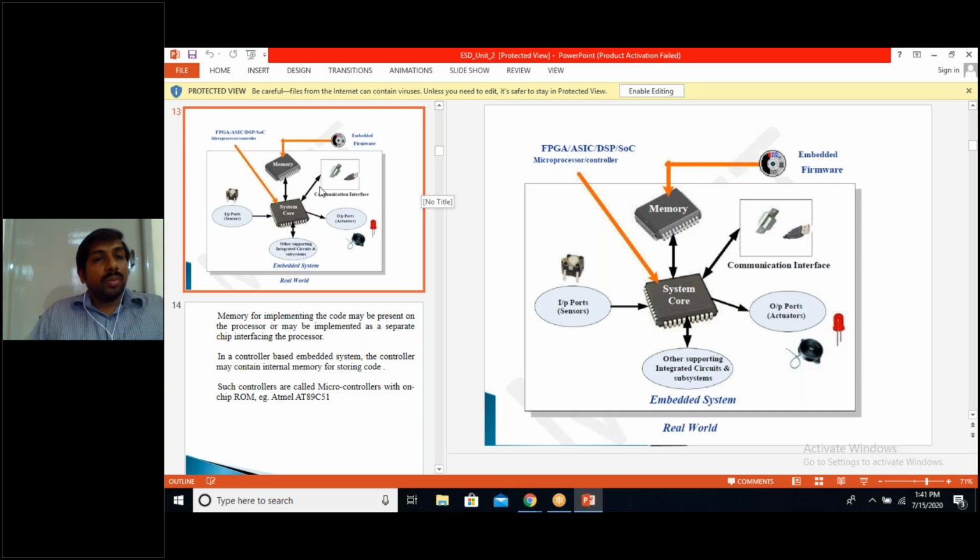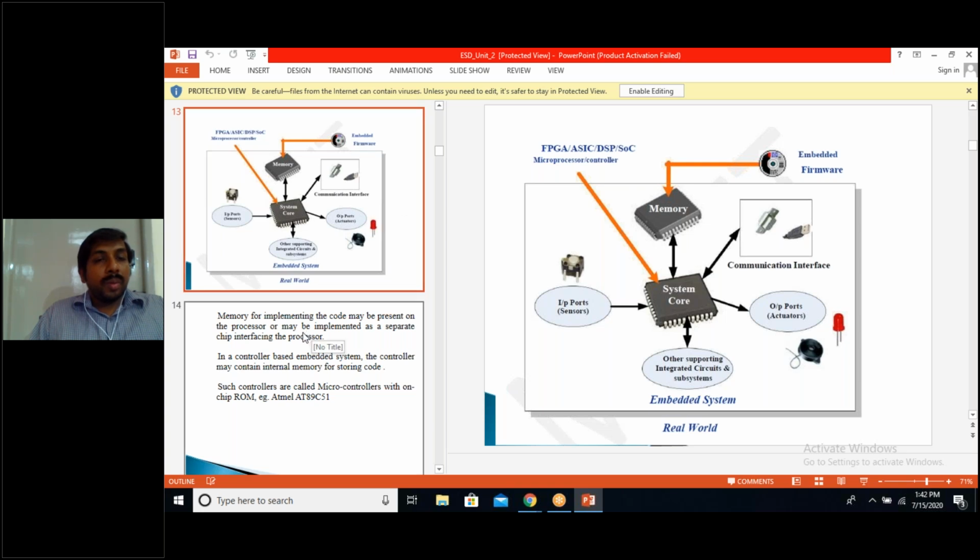So both transceiver and digital camera will be part of the embedded system. So an embedded system can be a single functional one, or it can be part of a big system. And our system core can be a microprocessor, microcontroller, FPGA, ASIC, DSP, or system on chip.